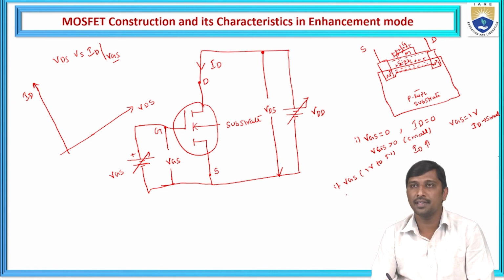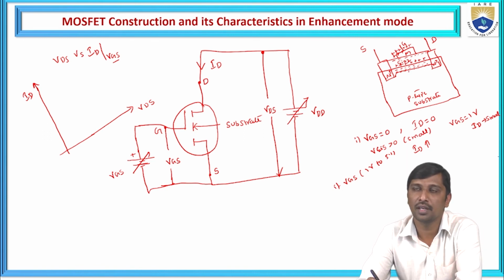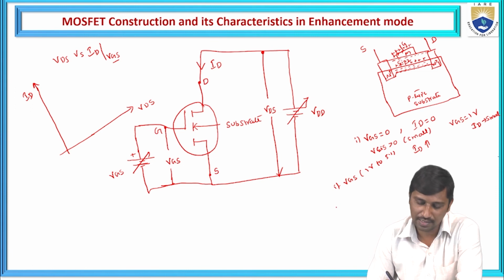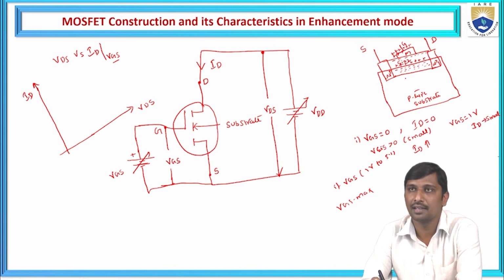So if VGS keeps increasing, the drain current also increases. Why? Because we are creating more channel for the charge carriers to reach the drain from the source. If VGS is maximum, it also creates maximum space, meaning a maximum area or channel, a maximum path, is induced between the source and the drain.